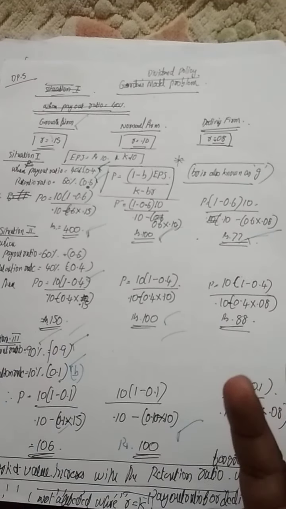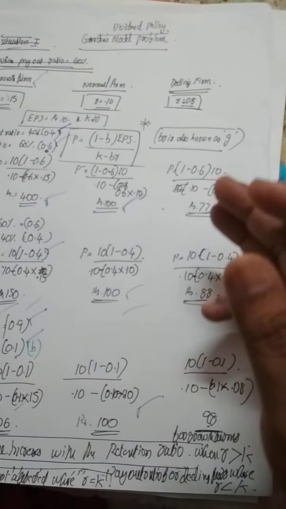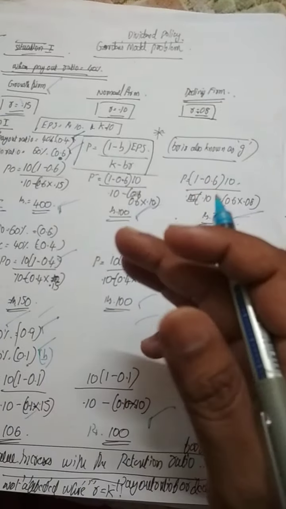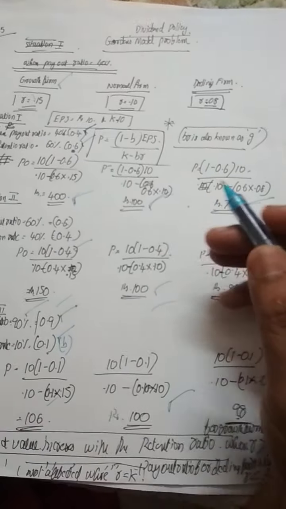It is relevant to it. So 2 models we studied over the last 4 videos, James Walter's model from the earlier video and here Gordon's model, both indicate that the payout ratio or dividend policy is relevant for determining the present market value of shares, so the value changes based on the company's dividend policy, payout ratio and retention ratio.